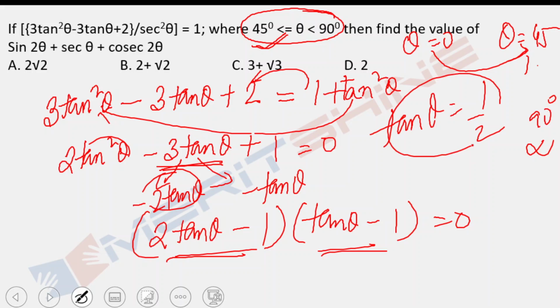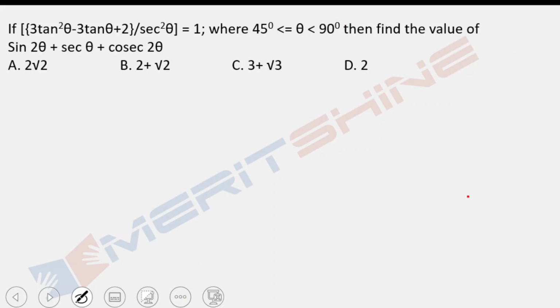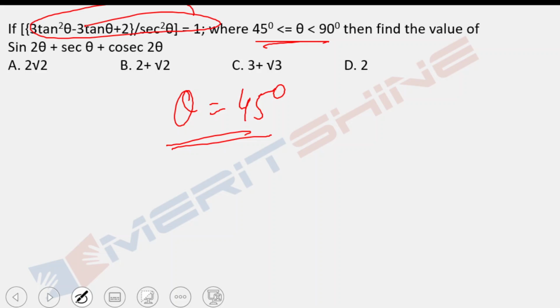So, tan theta equal to half cannot be a value in this limiting condition. So, the only value that tan theta can take in this condition is 1, right? Hence, we know that theta should be 45 degree according to this limiting condition after we have solved this equation.